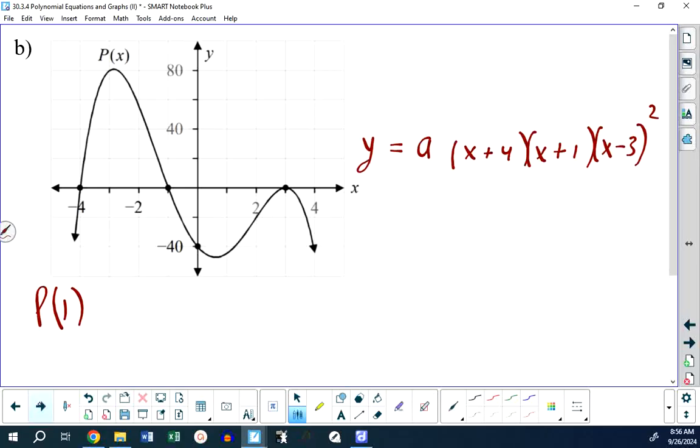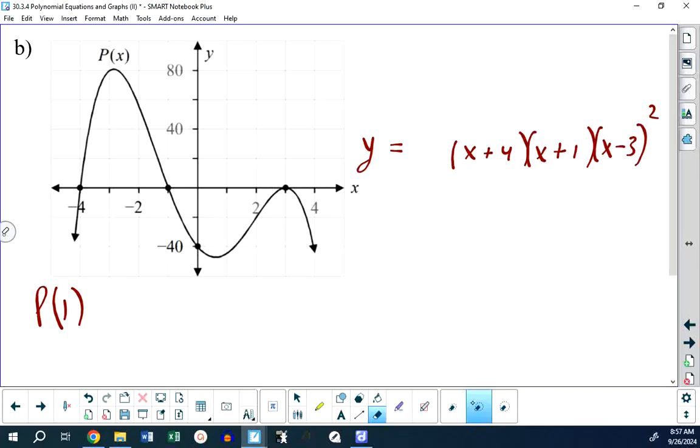What so many students do is they write out this for the equation, and then they put 1 in for x. And multiple choice, wow, I got it right because the answer's right there. It's not going to be right because they've failed to take that step of finding out what a is. By the way, you can see at 1, it's going to be negative, and if you put 1 in here, you'll get positive. It's going to be wrong.